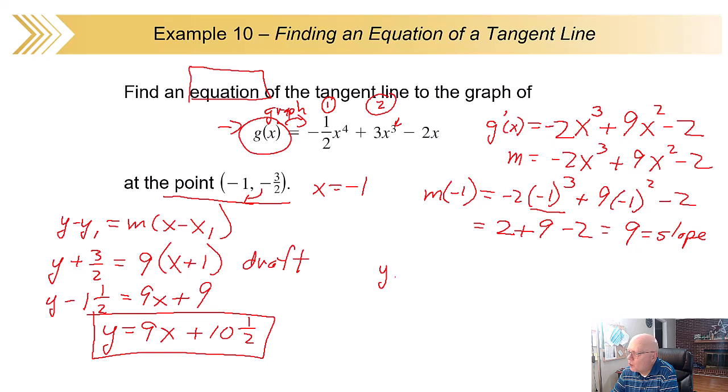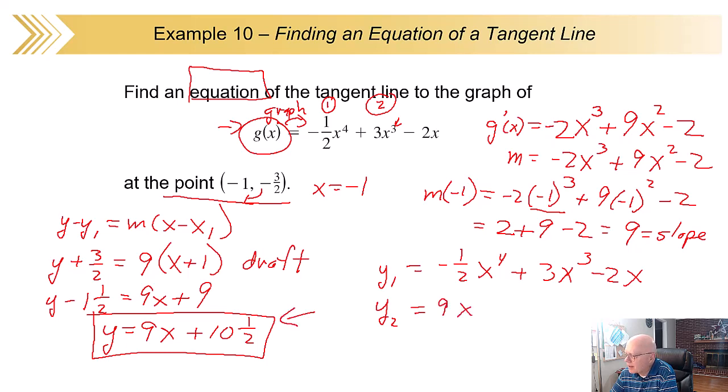So let y1 on your calculator be negative 1/2 x fourth plus 3x cubed minus 2x, and then let y2 be this tangent line, 9x plus 10 1/2, and what you'll see is this curve and this line tangent to it. Beautiful. When you've done all this work, you can see it coming to fruition.